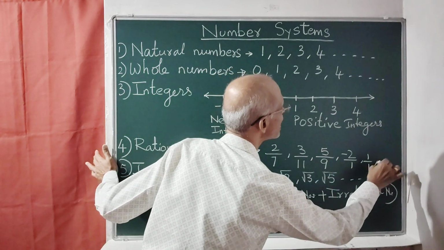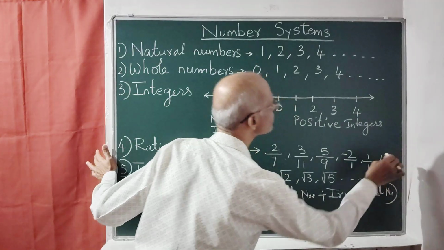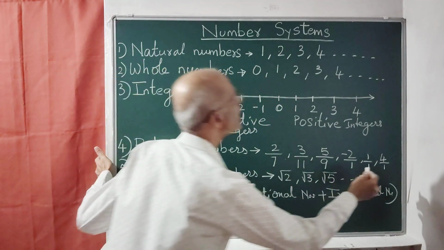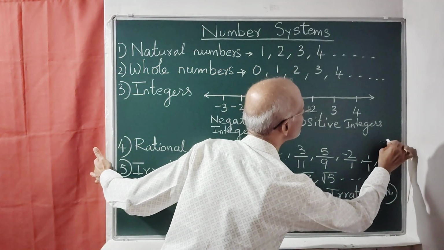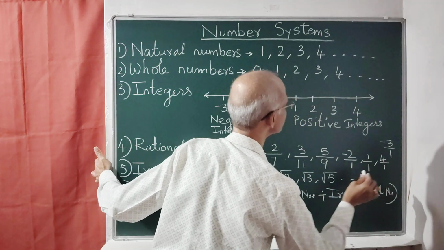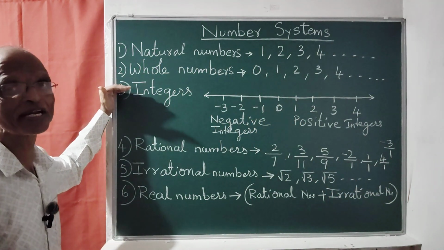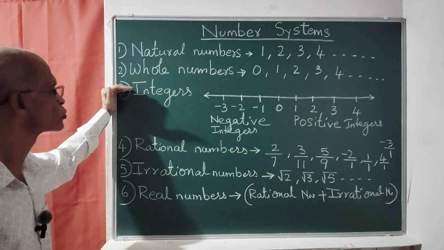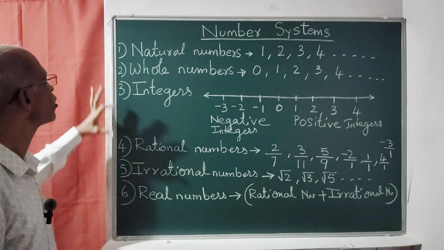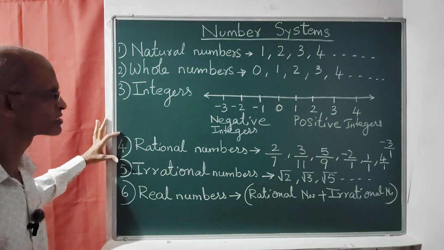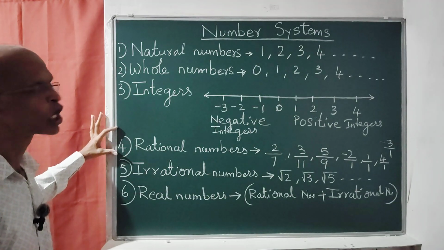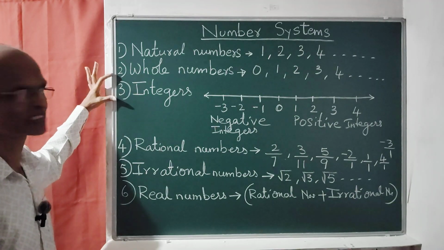If I take 4, I can write 4 as 4 by 1. If I take minus 3, I can write it as minus 3 by 1. So all integers can be called rational numbers, but all rational numbers can't be called integers.